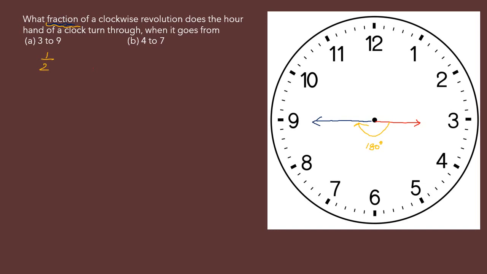Now the second question is 4 to 7. If it is moving from 4 to 7, we are going to take it at 4 and then we'll move it up to 7. You'll be able to do it faster than me.